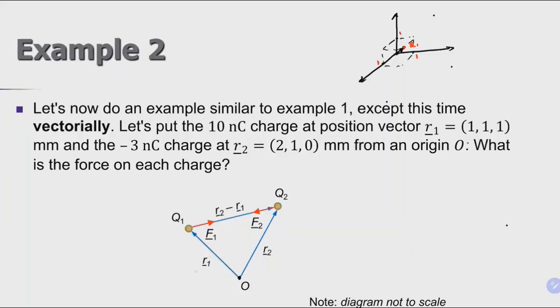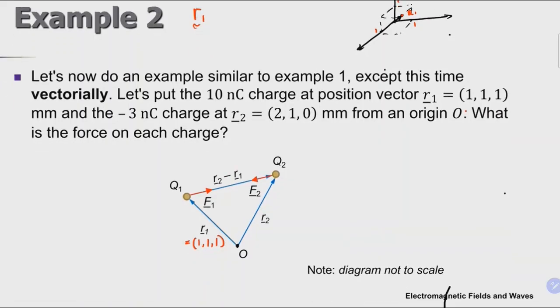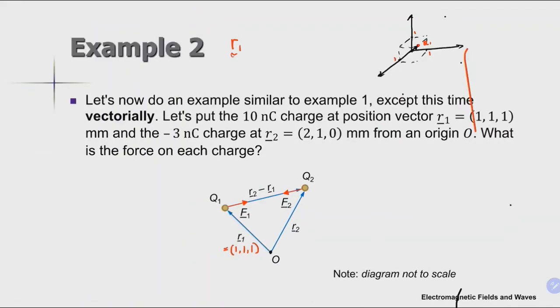So my R1 is 1, 1, 1, meaning that my R1 in vector form will be equal to unit vector of x plus unit vector of y plus unit vector of z, or in short, I can write it as 1, 1, 1. Okay, so that's the same thing.